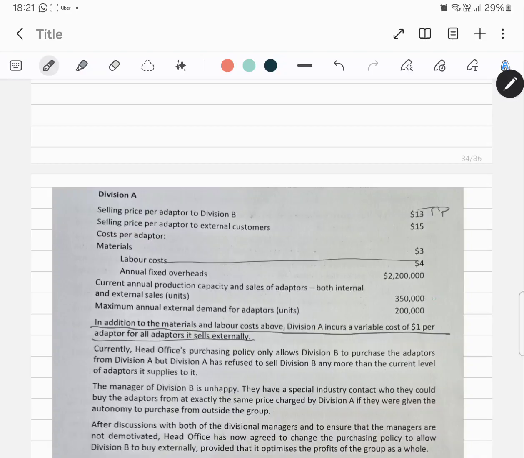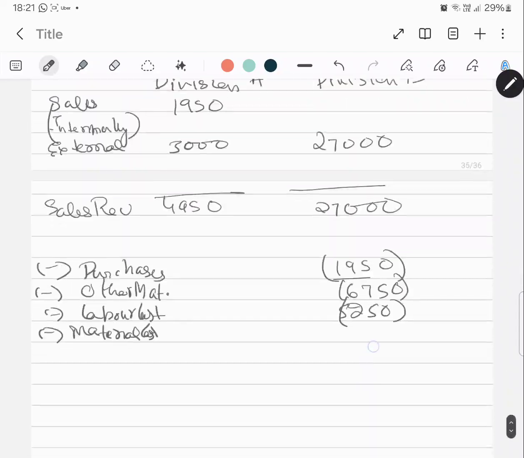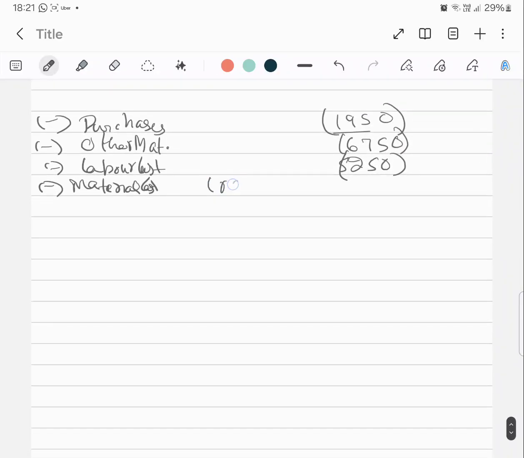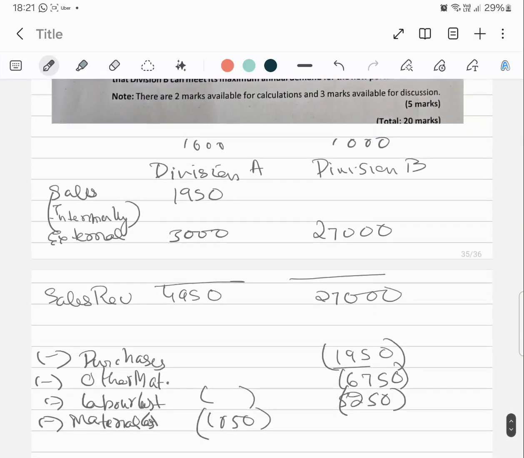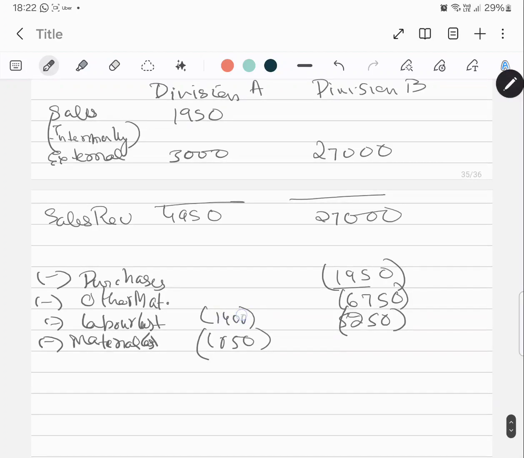There are 3,50,000. So 3,50,000 into 3 is 1050. Material cost is 1050. And the labor cost would be 4 into 3,50,000, so this will be 1,400.